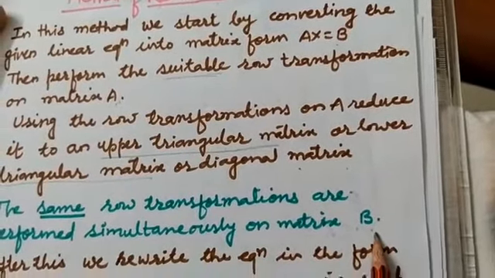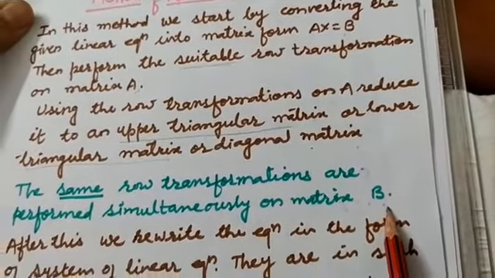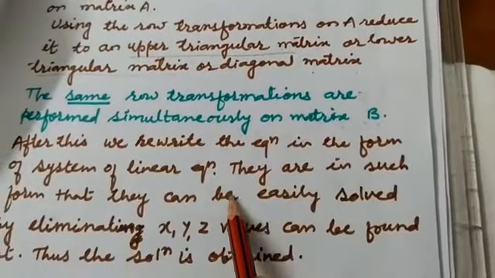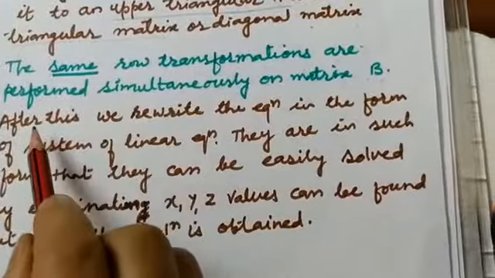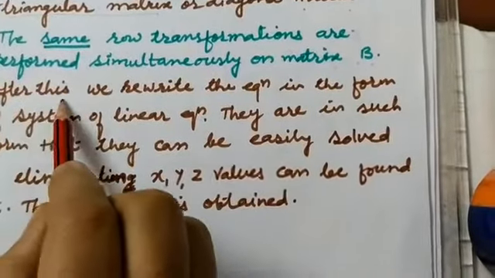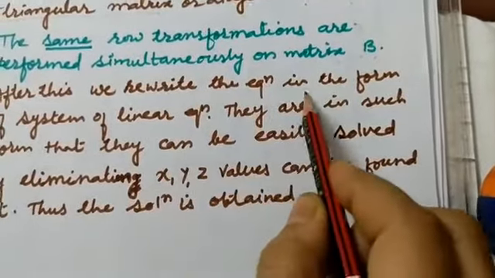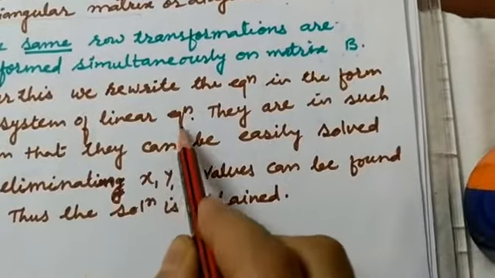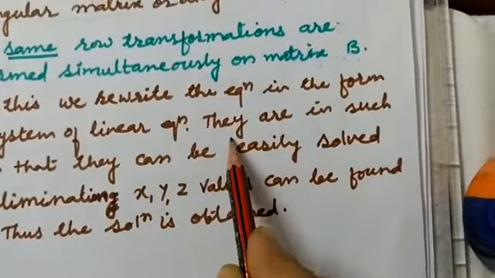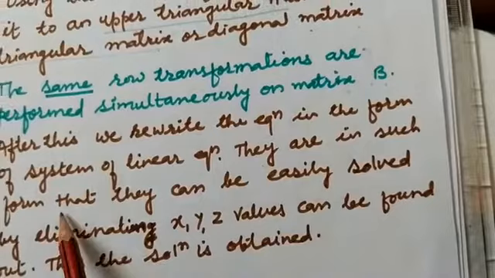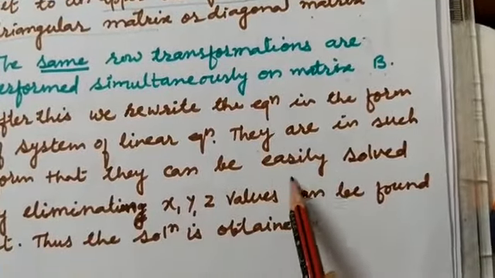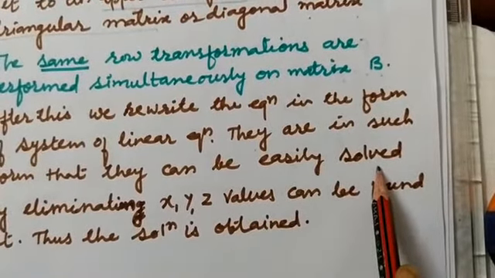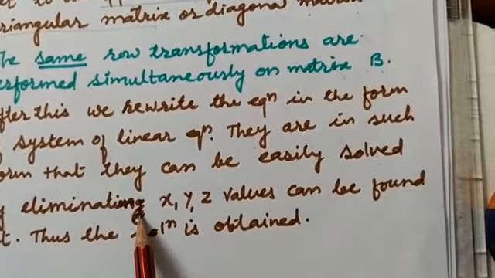Whatever operations we perform on the left side, the same operations should be performed on the RHS as well. After this, we rewrite the equations as a system of linear equations. They are in such a form that they can be easily solved by elimination.